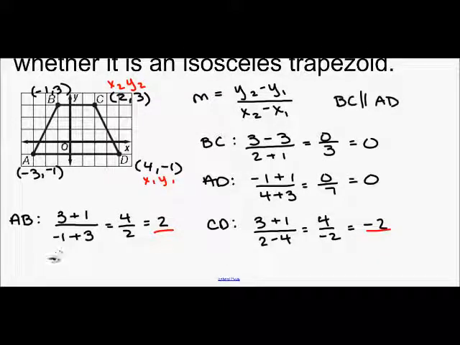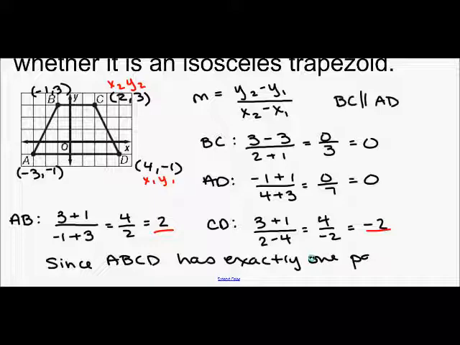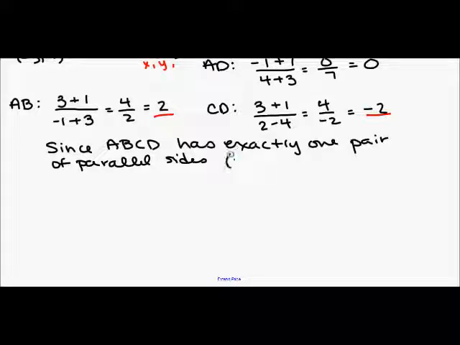So I can say, since ABCD has exactly one pair of parallel sides, and I'm going to note that it's BC, which is parallel to AD, it is a trapezoid, but we want to find out if it's isosceles.